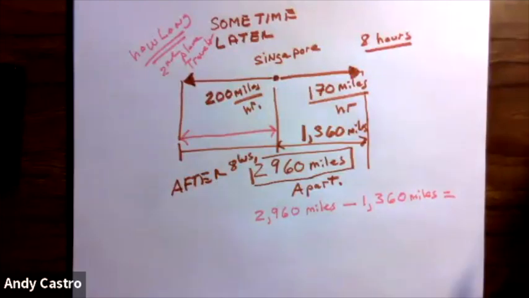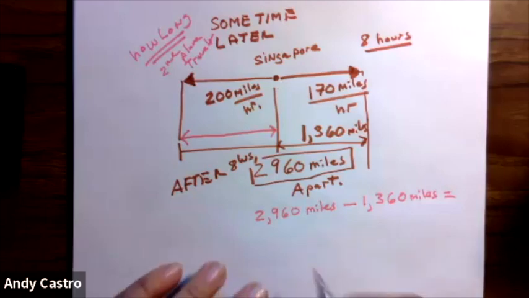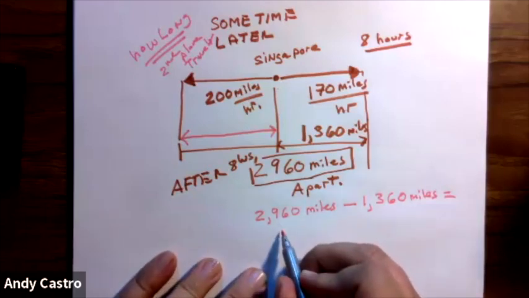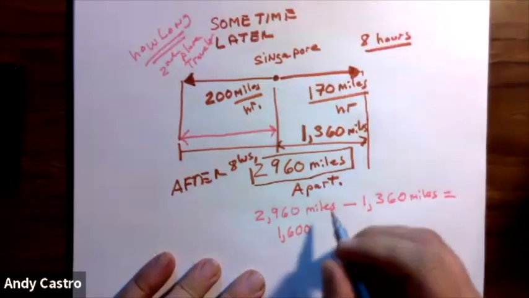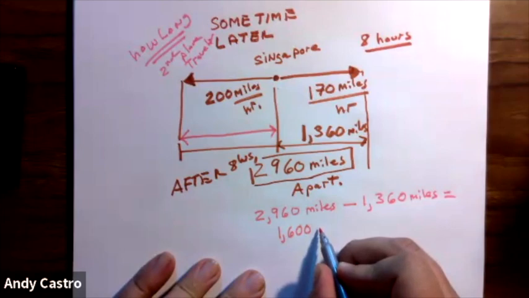And what does that equal? Well, if I work that out over here, 2,960 miles minus 1,360 miles, this guy traveled 1,600 miles.